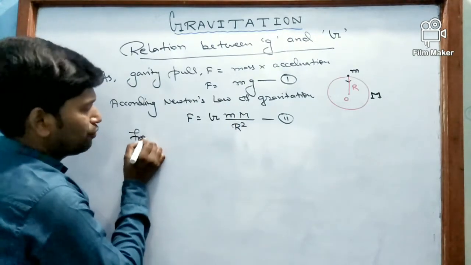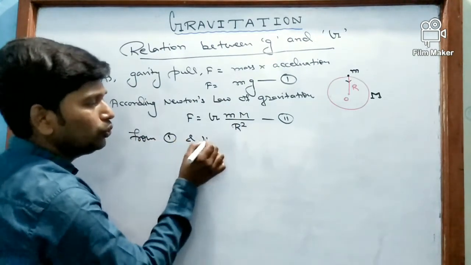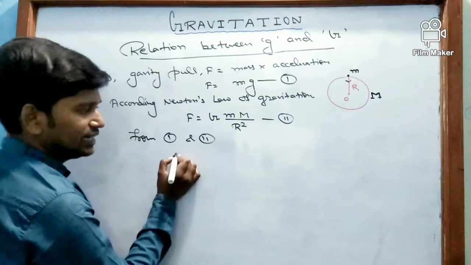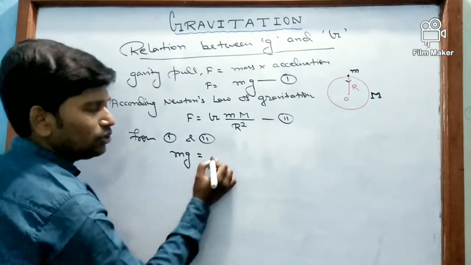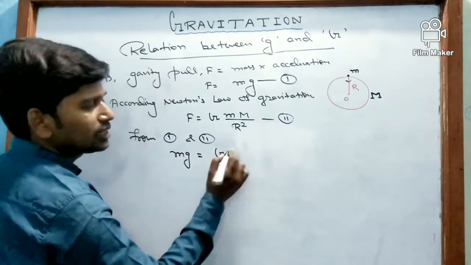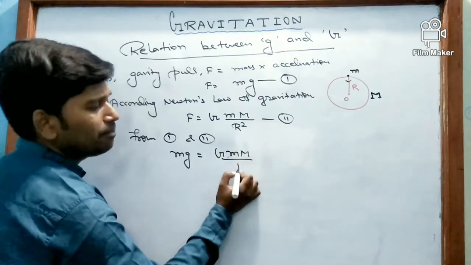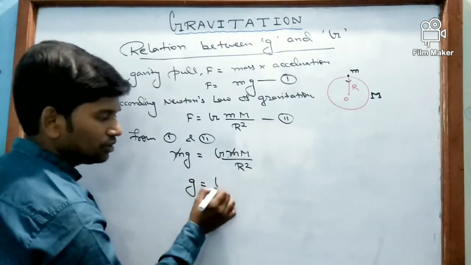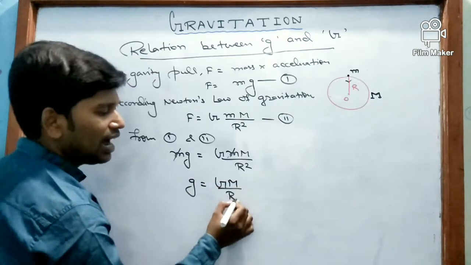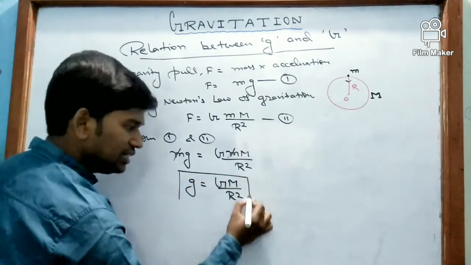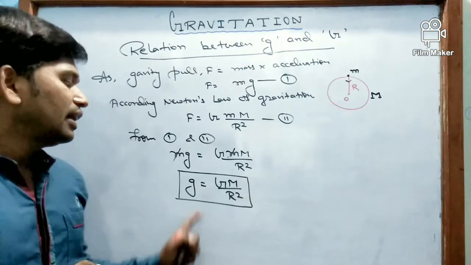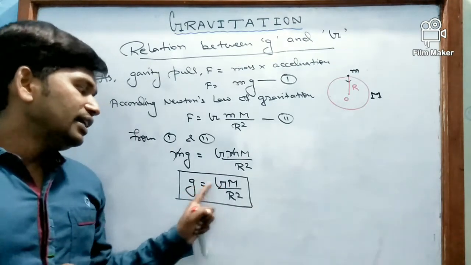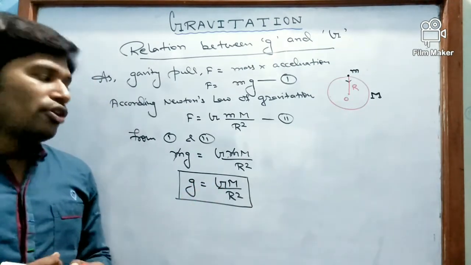So from equation 1 and 2, we can write mg is equal to capital G small m capital M by r square. The m cancels, and g is equal to GM by r square. So this is the relation between capital G and small g.